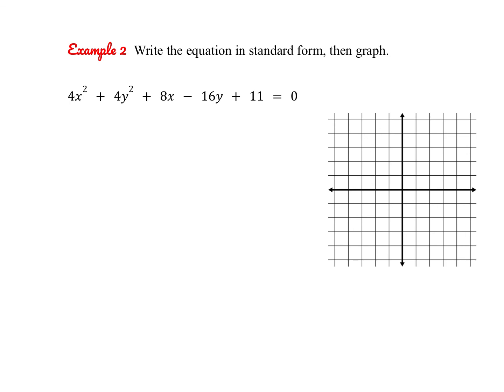Now we're going to practice writing an equation in that standard form so we can then graph our circle. So we are going to need to complete the square twice because we have the binomial squared for x and for y. To do this, I like to first group my x values together and then group my y values together, and then I like to move my constant to the other side.